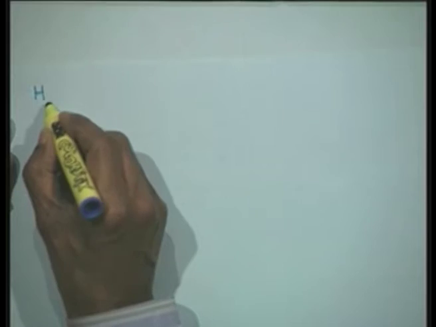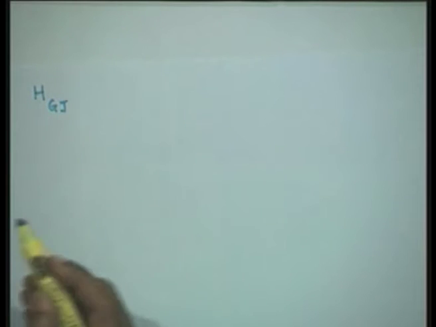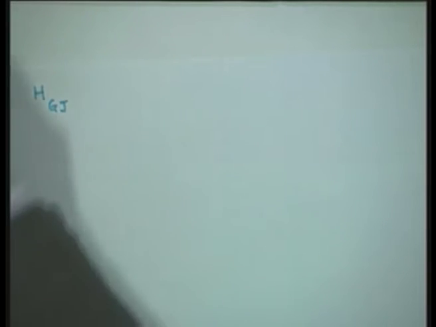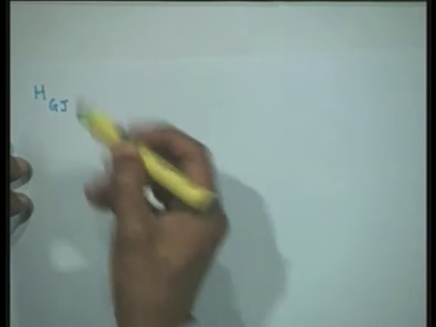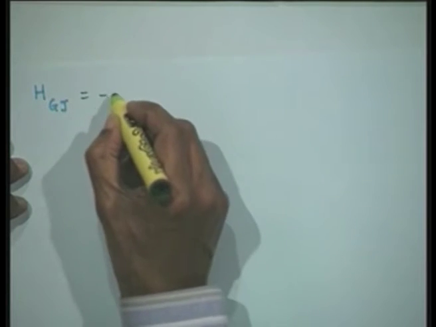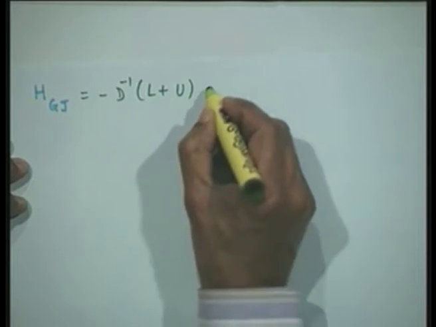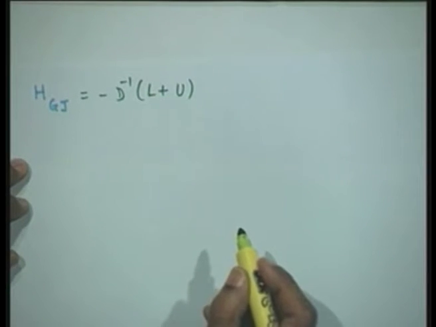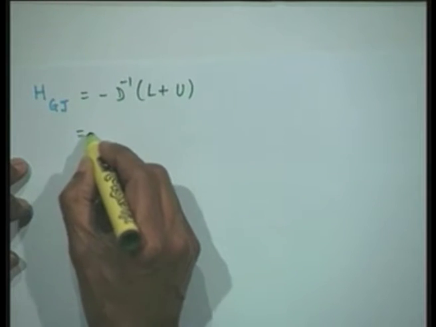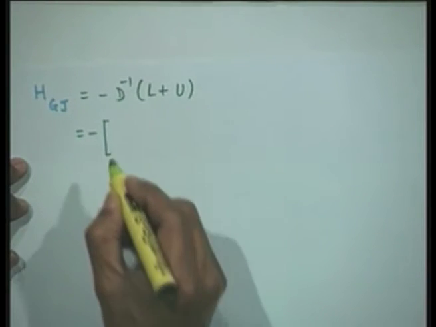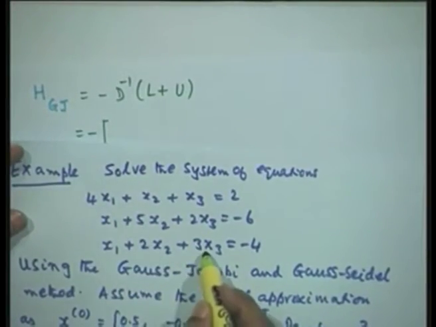Now, I need the iteration matrix for this. So, we have written the iteration matrix for the, maybe I will take a different color, as minus D inverse of L plus U. Therefore, minus the diagonal part, which is 4 5 3 as the diagonal.